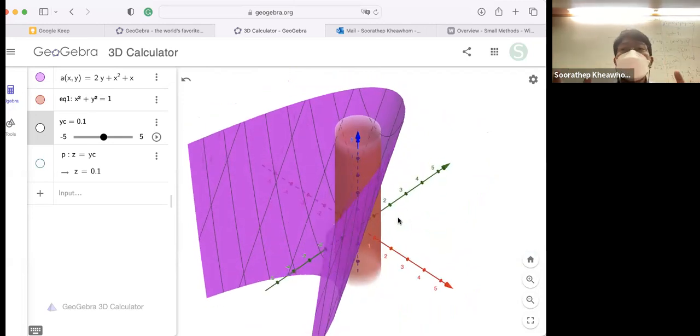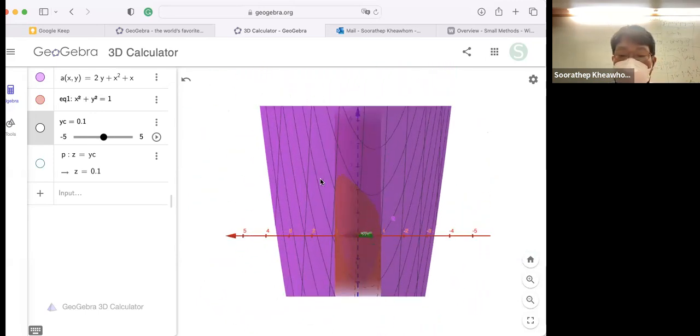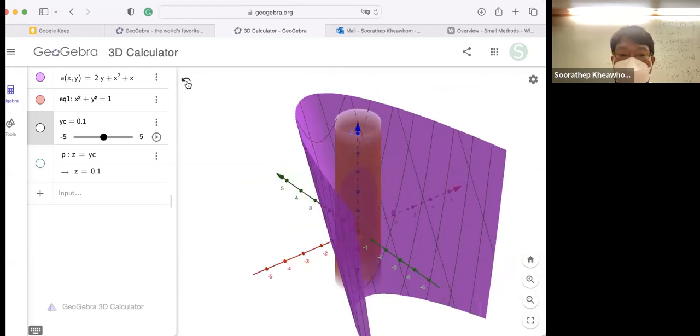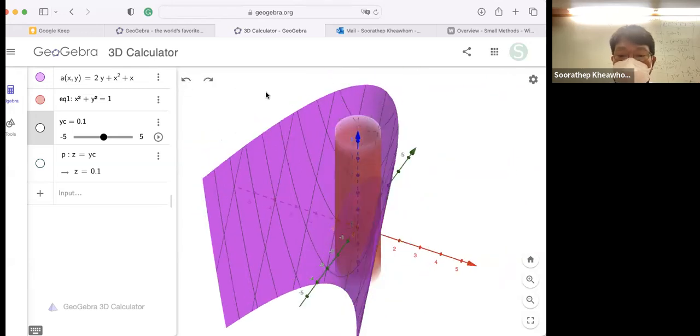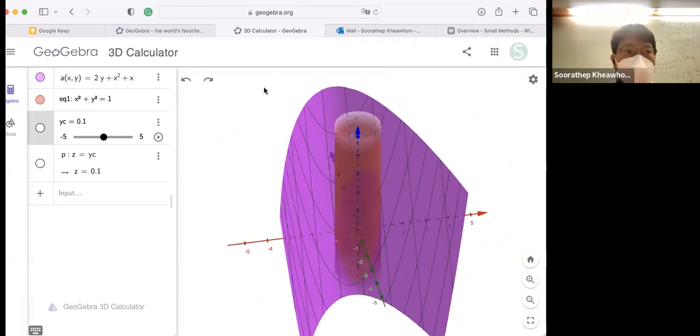So we project our constraint as a circle back to the surface of our objective function.